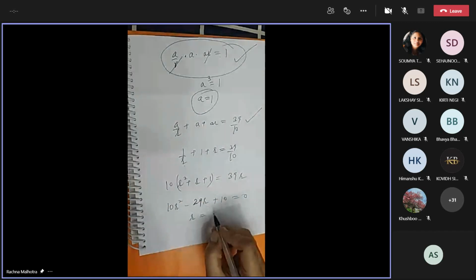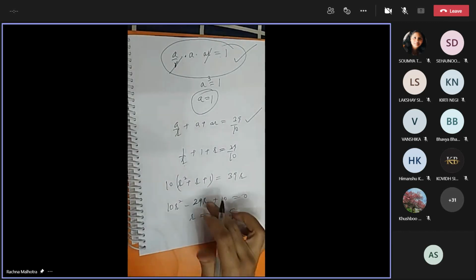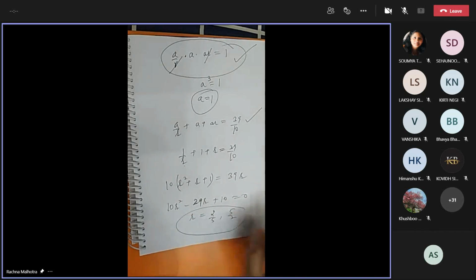So you can find R is 2 by 5 and 5 by 2. So two values of common ratio we are getting, 2 by 5 and 5 by 2. Now R has come, so for these two answers of R, I will check the terms.